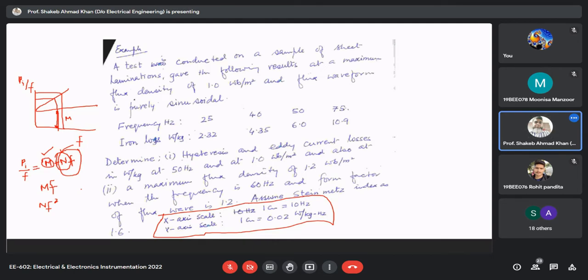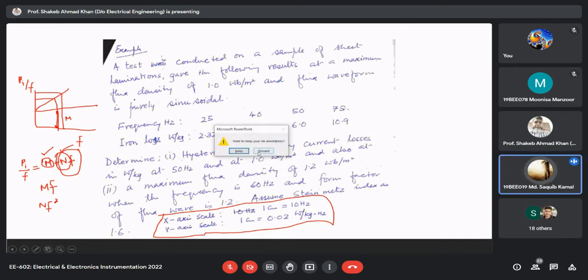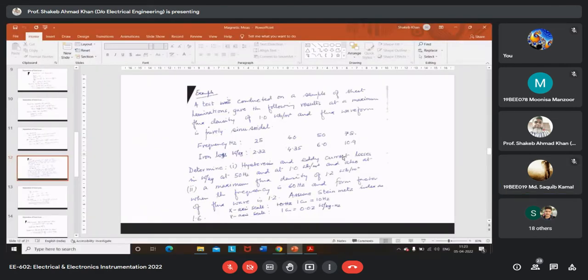So if anyone has plotted, then tell me what is the intercept with the y-axis. How much did you get?